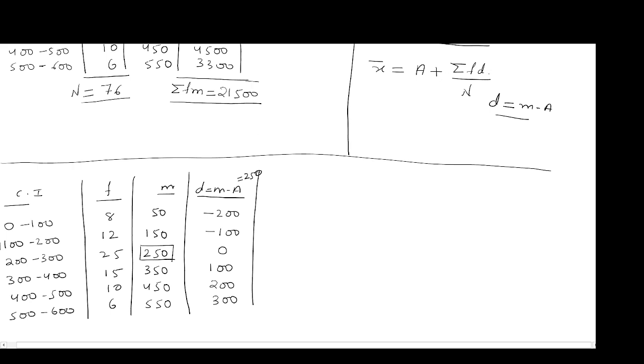Now again go back to the formula. What do I have? F into D. So I have to calculate FD. Multiply the frequency values with the calculated D values.